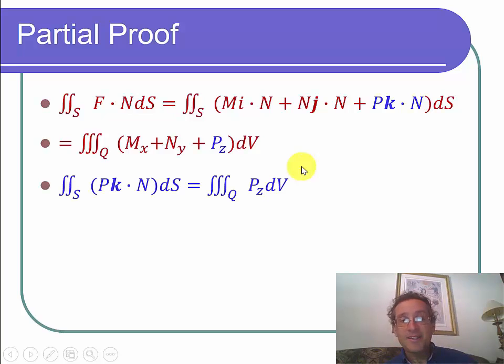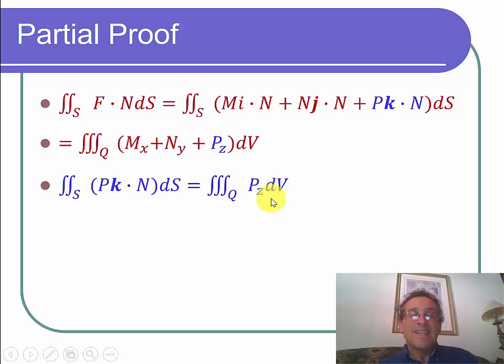So as I mentioned, my focus for this partial proof, not a full proof, is to show that the surface integral of just the Pk dot n part dS is equal to the triple integral over Q of just the P sub z dV. It's a very interesting property of the divergence theorem that it's actually a little bit more than what it says.